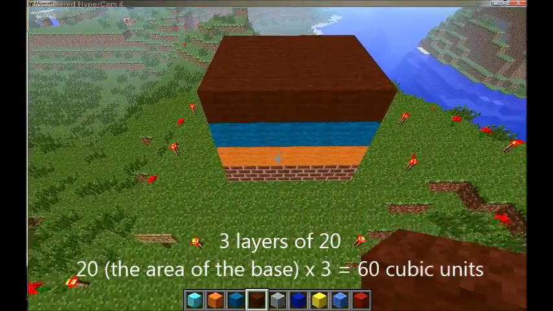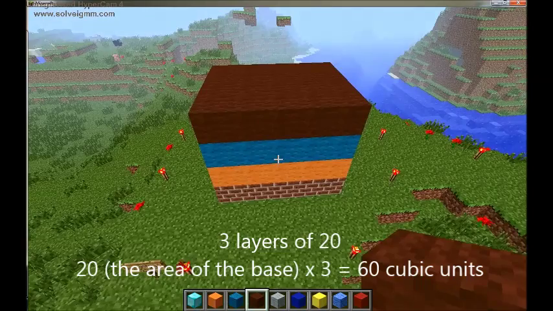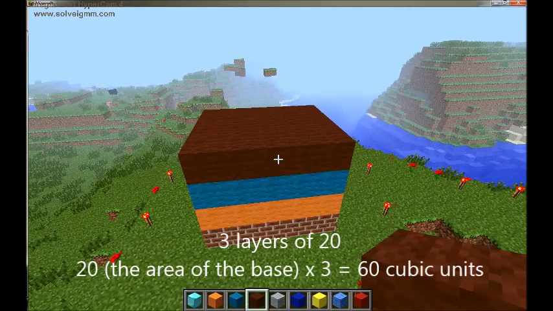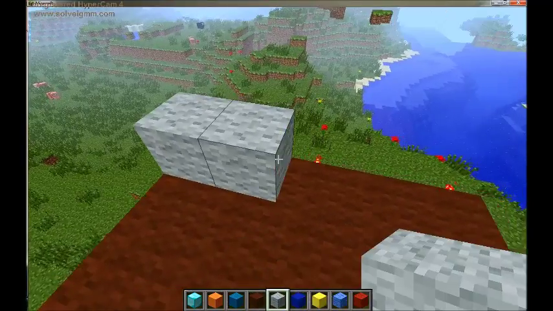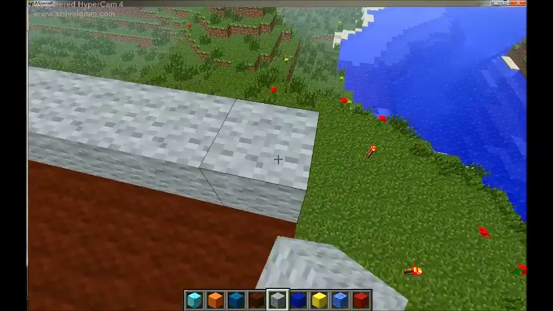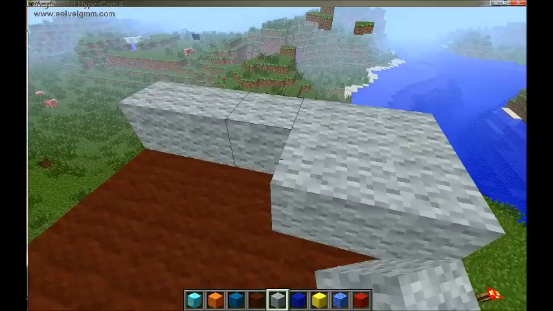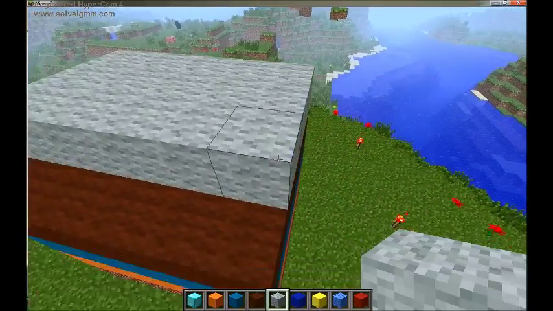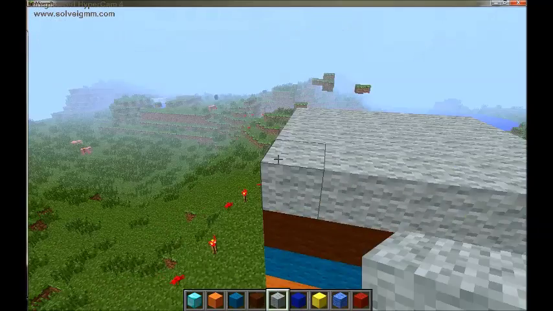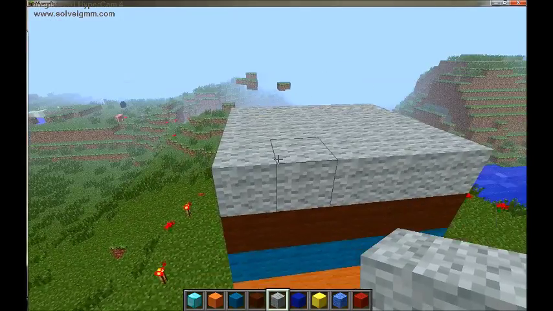So now with 3 layers, I have 20, 40, 60 cubic units. Let's add another layer. I'm pretty sure you're starting to see the pattern. Okay, another 20 cubic units.